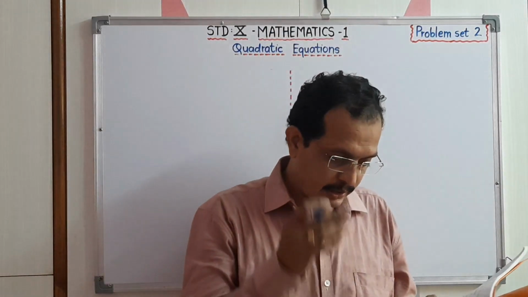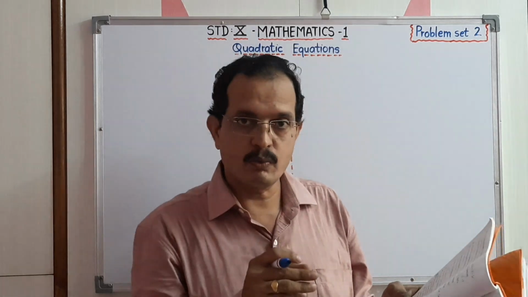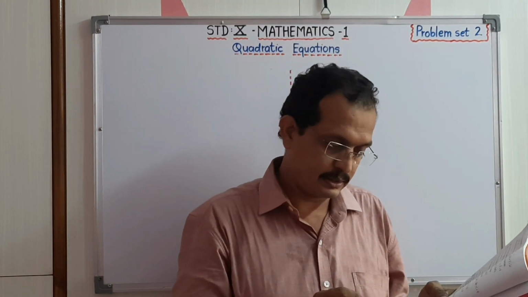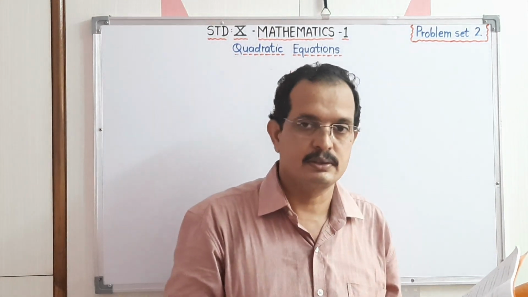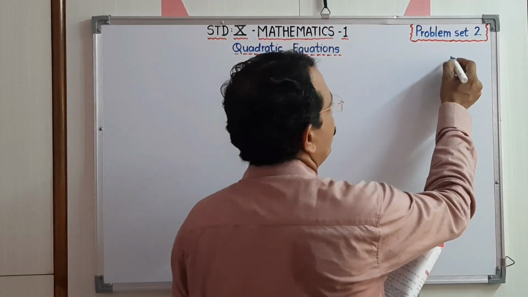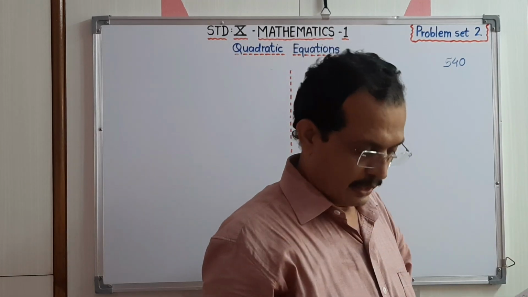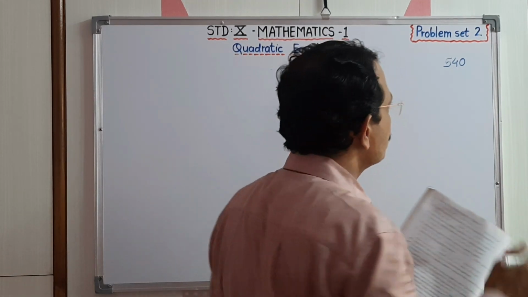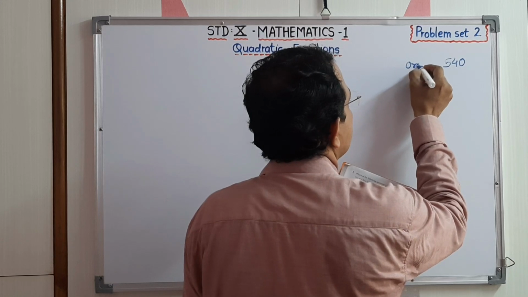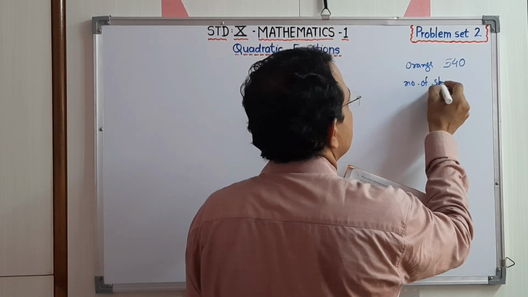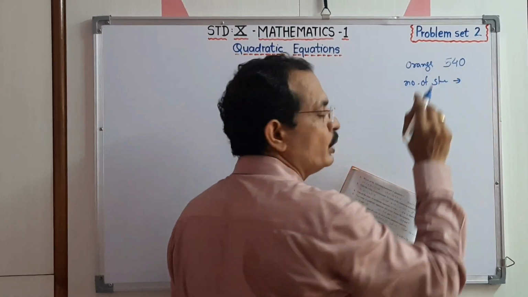See, I will read it again. Ranjana wants to distribute 540 oranges among some students. Total number of oranges are 540, and the number of students is not known.